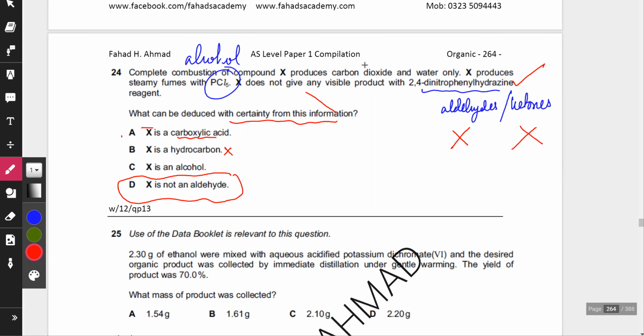So that means it's either a hydrocarbon containing carbon and hydrogen atoms, but it could also contain oxygen atoms, because only carbon dioxide and water are getting produced. So you can't say for certainty that it's a hydrocarbon. Hydrocarbons do produce carbon dioxide and water, but compounds which have carbon, hydrogen and oxygen also produce the same carbon dioxide and water. Is this clear? Yep.